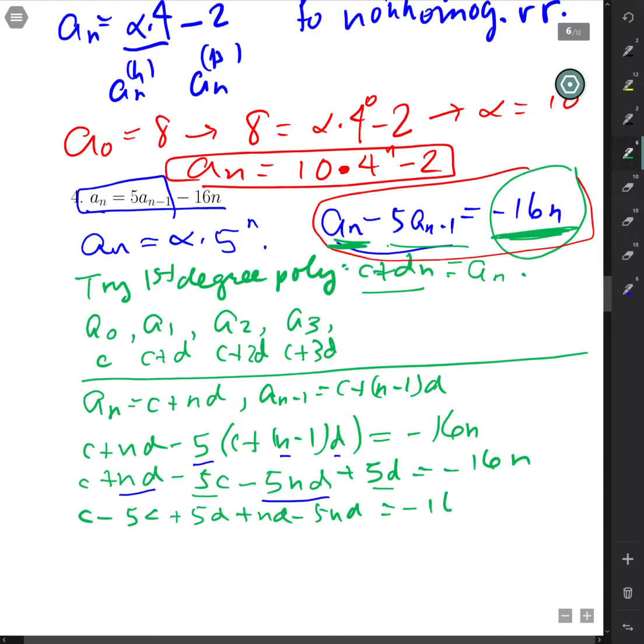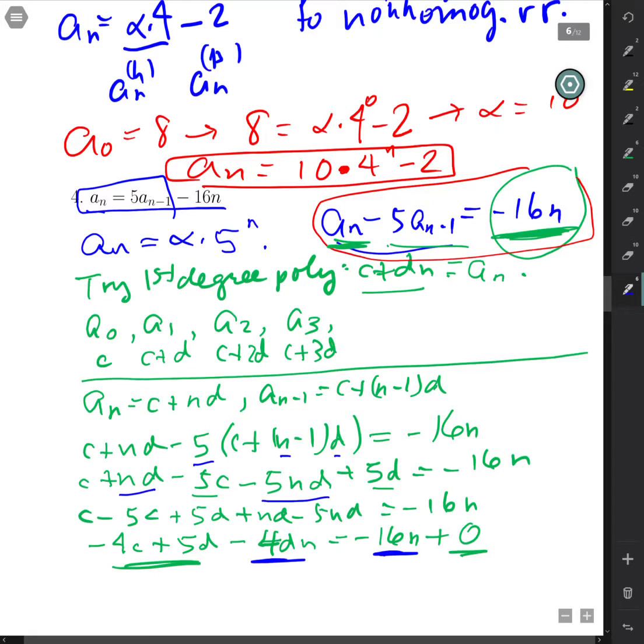So this is minus 4c plus 5d, and then minus 4nd. Let me put the d in front, I didn't put the 4 there, sorry. Minus 4d times n is minus 16n. Well, there's no constant on this side. That is to say, there's a 0 there. These two have to be equal, as do these two.